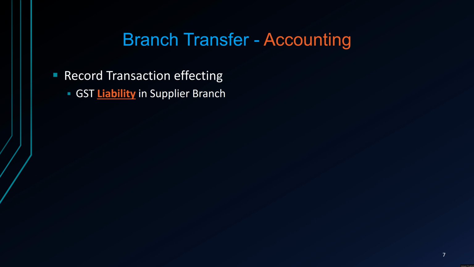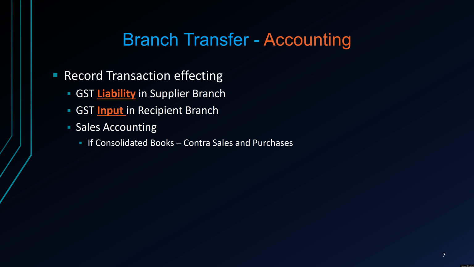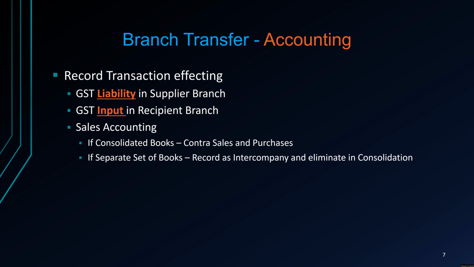However, a liability is created in the supplier branch and it becomes a received input credit in the recipient branch. For the purpose of sales, if it's a consolidated books of accounts, it's a contra of sales and purchases. With separate sets of books of accounts, the intercompany transaction you would eliminate in consolidation. The net impact on the P&L would be nil for branch transfer.